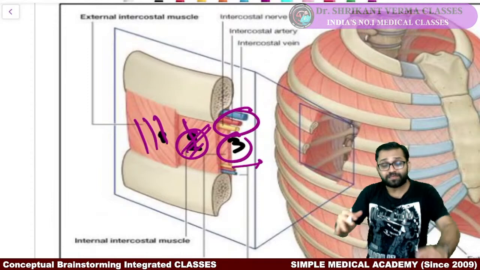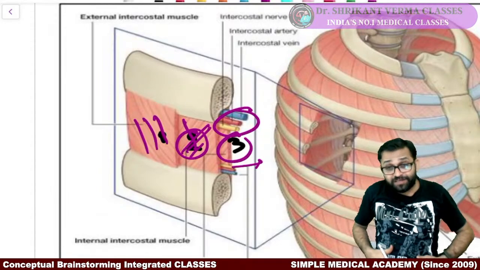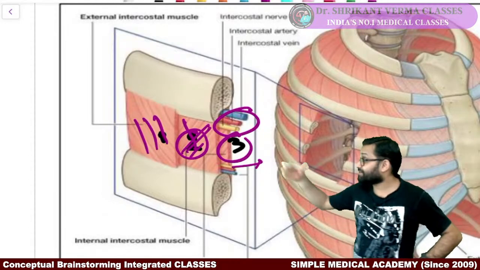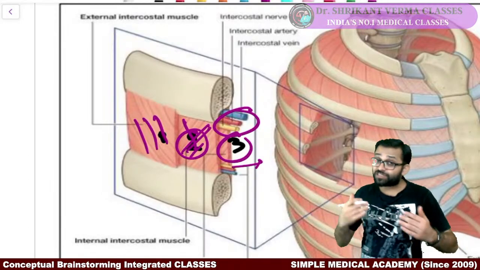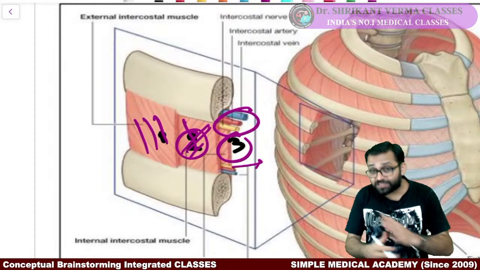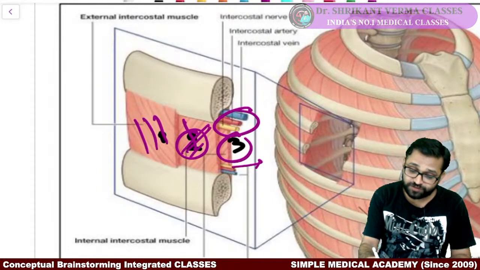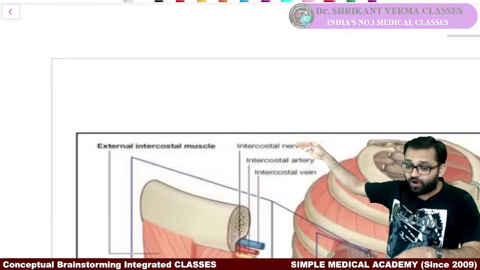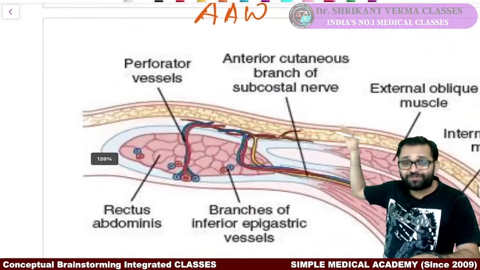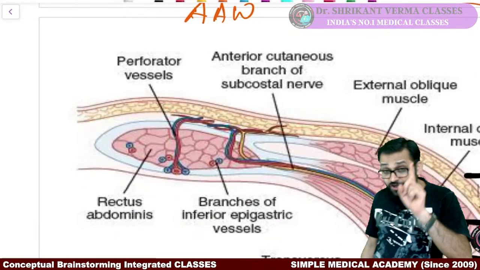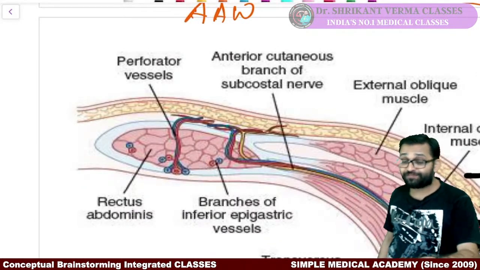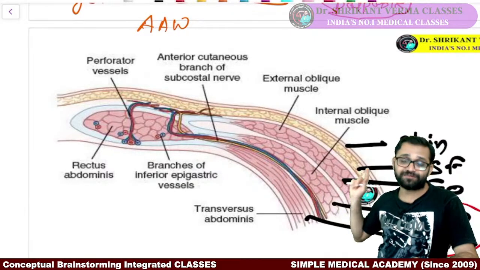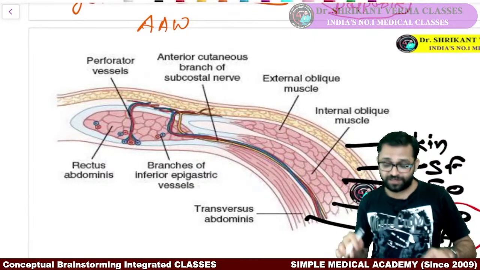Same in our abdomen: external oblique is like the external intercostal, internal oblique like the internal intercostal, and just like transversus thoracis, there is the transversus abdominis muscle. So in both the thorax and the abdomen, the neurovascular bundle runs between the second and third muscle layers. This neurovascular bundle is important.